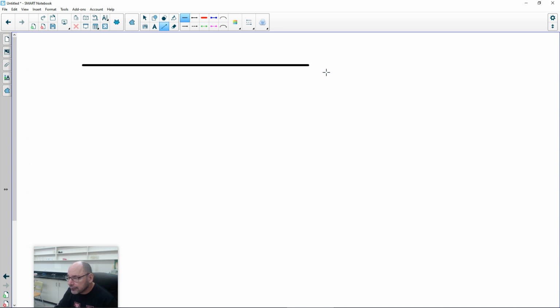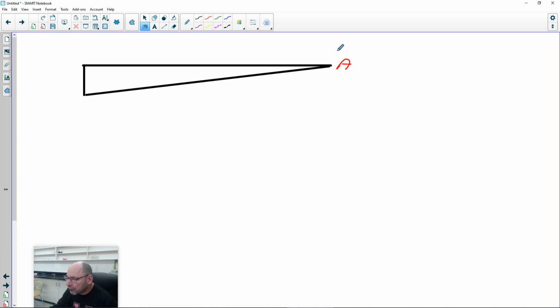Let's say we have this triangle here, and this is our angle here, A, and we'll say that it's a small angle of 11 degrees. Now I can get you to find both of these.